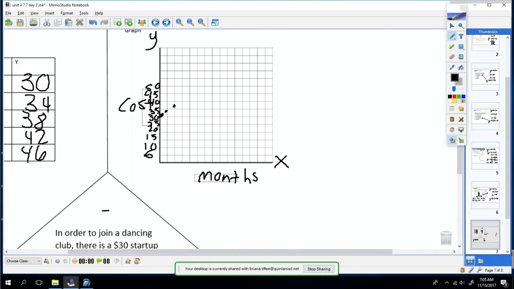Sorry, guys, the lines are blurring together. 42 right here, and at 4 months, it is 46. $42 should be up a little bit more. There we go. And it creates a line. Sometimes your line won't be perfect, but that's the main idea.